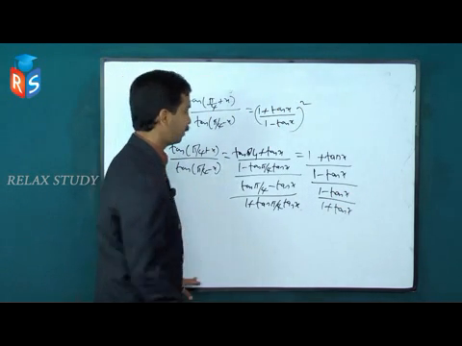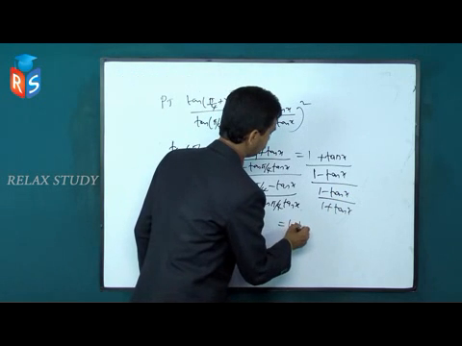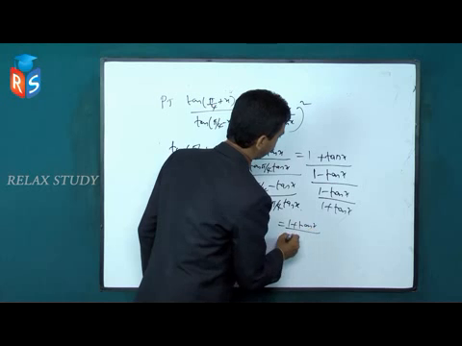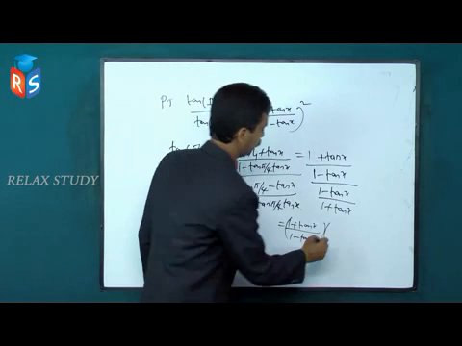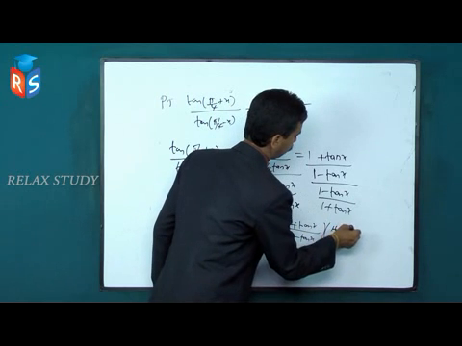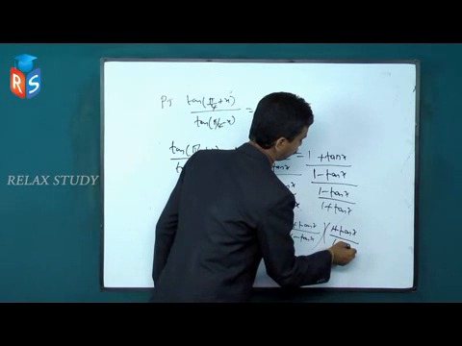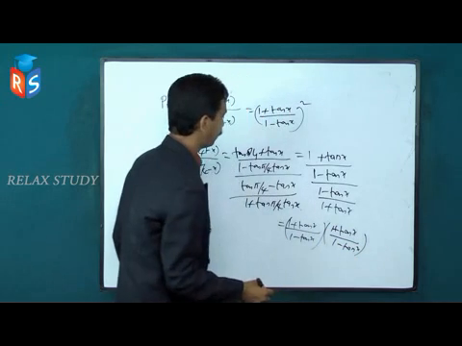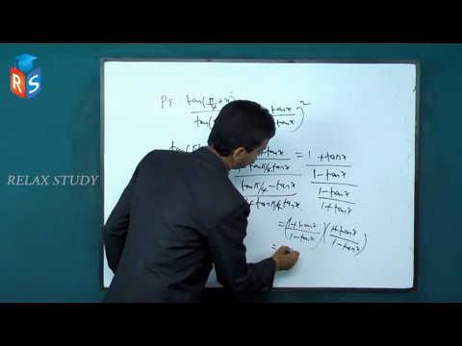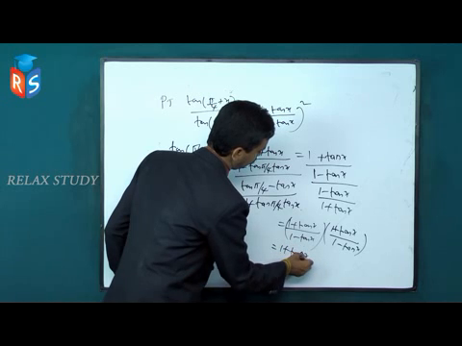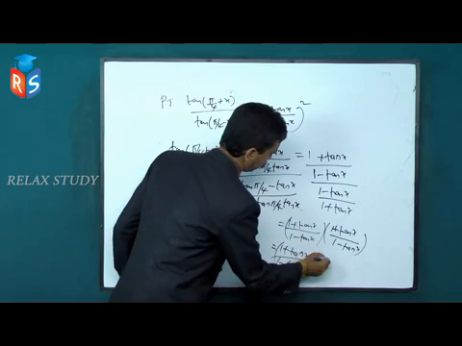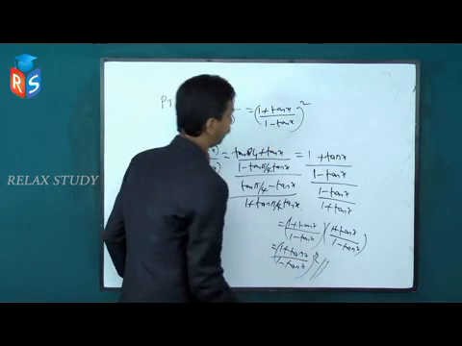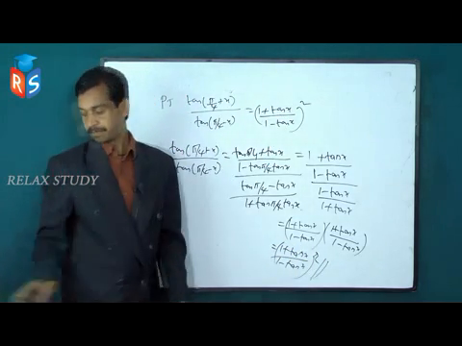So multiplying with the reciprocal, I get (1 + tan x)/(1 − tan x) into (1 + tan x)/(1 − tan x). So I get the result as ((1 + tan x)/(1 − tan x))². This we needed. So the result is proved.